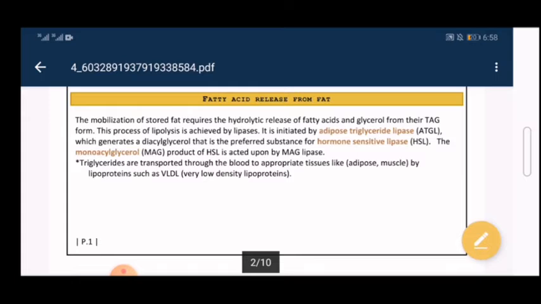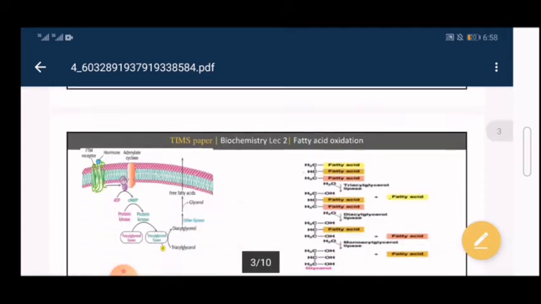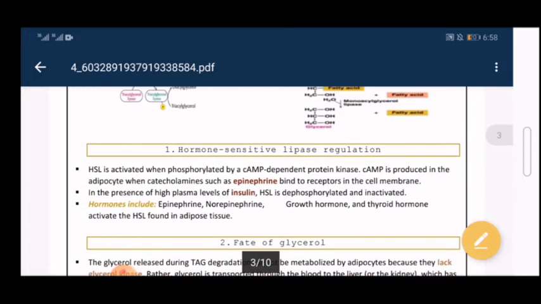Then hormone-sensitive lipase is going to work on DAG to form MAG, and then finally MAG lipase acts on the MAG to get free fatty acids and glycerol. This process is regulated through hormone-sensitive lipase. As we said, HSL is activated when phosphorylated.